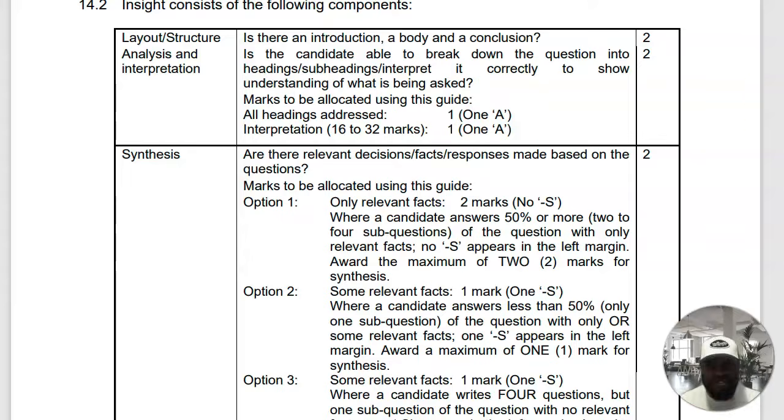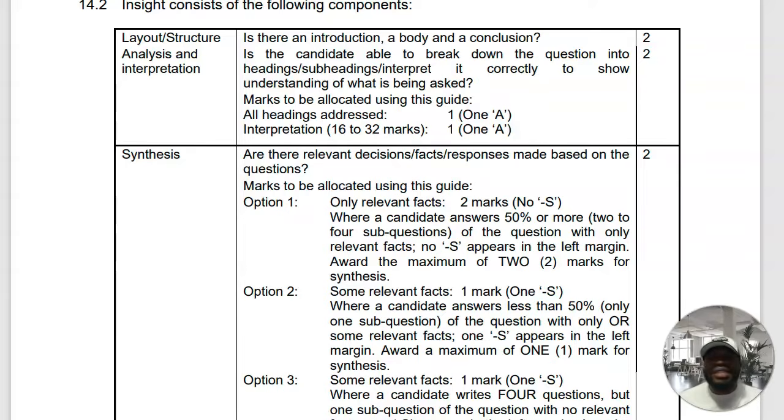LASSO: L is for layout. So how are those marks given? Is there an introduction, a body, and a conclusion? If you write the word introduction, you are going to get an L next to introduction and another L next to conclusion. Those represent 2 marks just for writing introduction and conclusion. As long as you have written something under that subheading, you are getting those 2 marks.